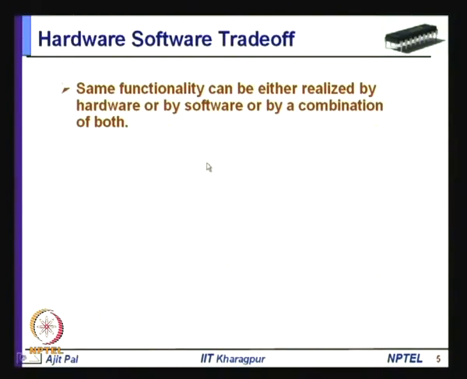Now, a very important step is identifying which part to be implemented by hardware, which part to be implemented by software. There is a trade off. So, the trade off is based on cost, performance, power dissipation and so on. So, let me illustrate with the help of an example, and this example is coming because the same functionality can be either realized by hardware or by software or by a combination of both.